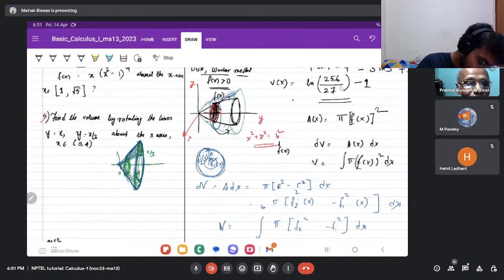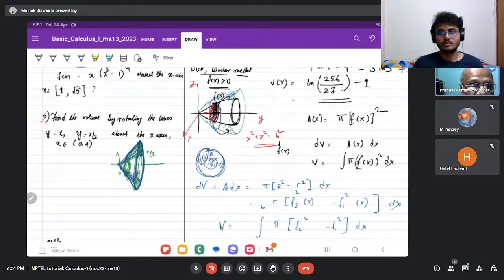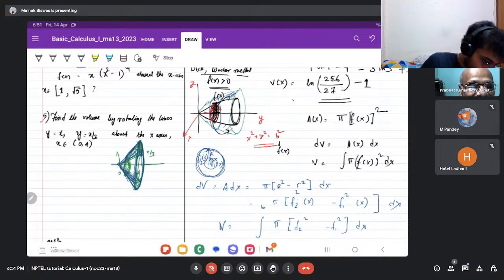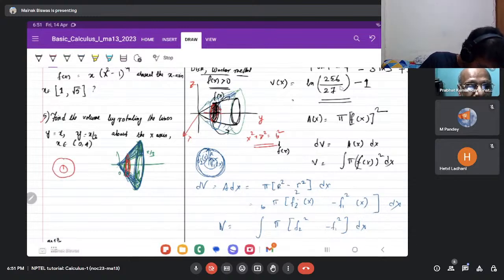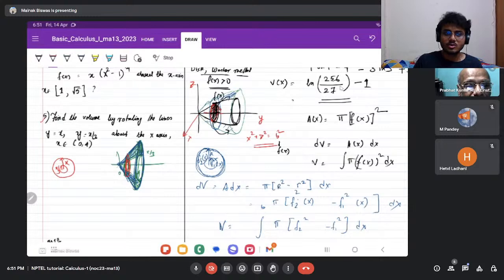Are you able to visualize it? How will this look? Yes, sir, perfectly okay. So now, how will I integrate? What did we say? The area of cross section would be two concentric circles. The outer circle has radius x, the inner circle has radius x by 3, right?